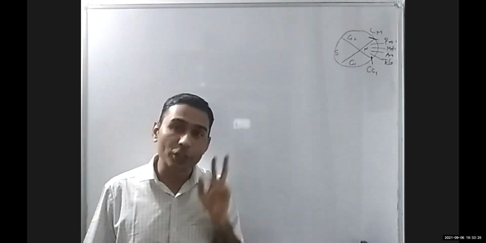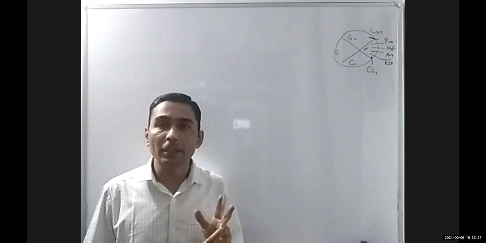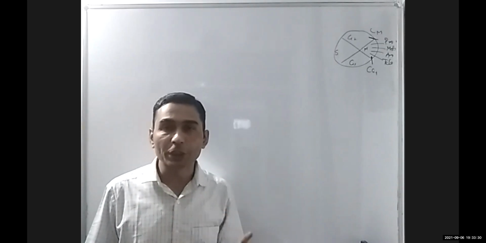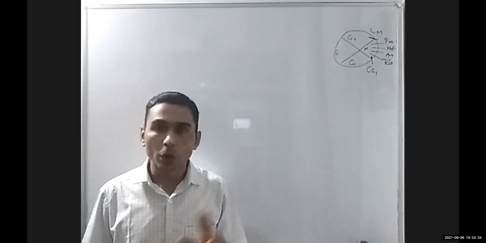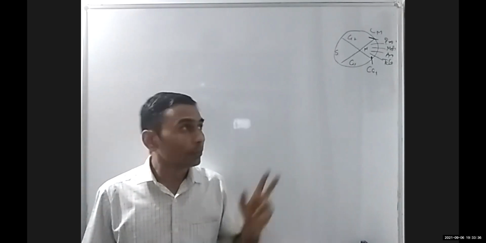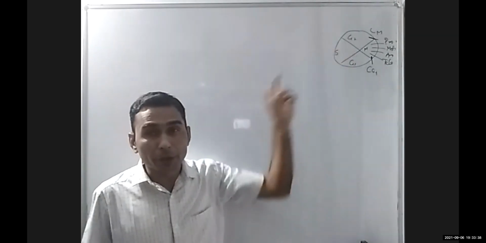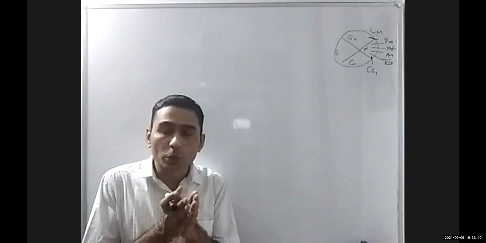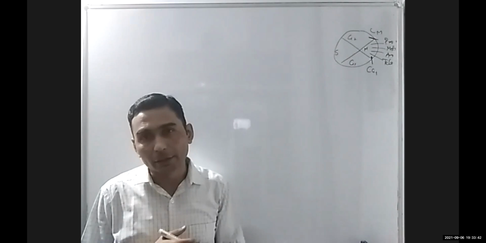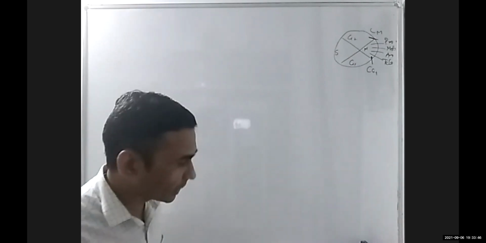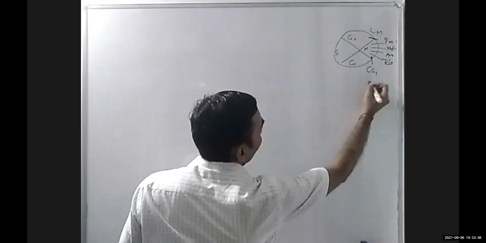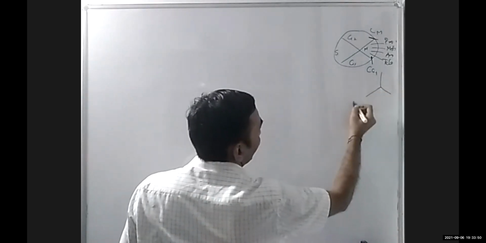These two checkpoints check whether the cell really has sufficient energy to divide, or secondly, whether the cell has sufficiently grown so that it can enter into karyokinesis. Because this M phase consists of two subphases. What were these? Karyokinesis and cytokinesis.